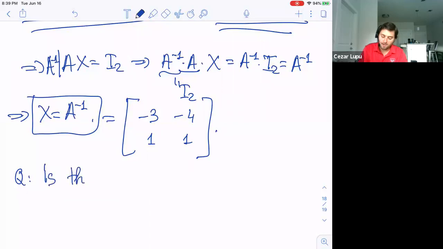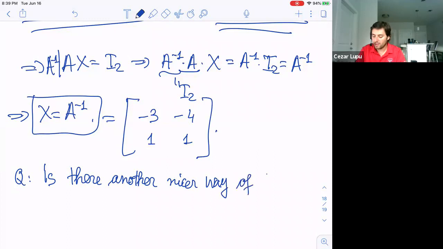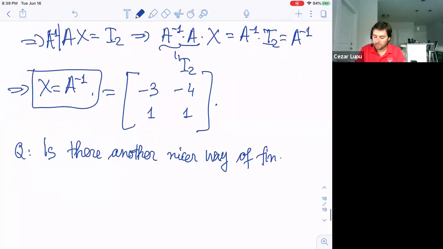Is there another, nicer way of finding the inverse of a matrix?